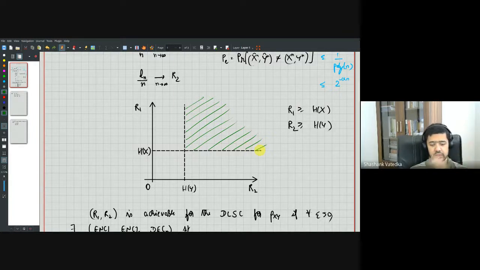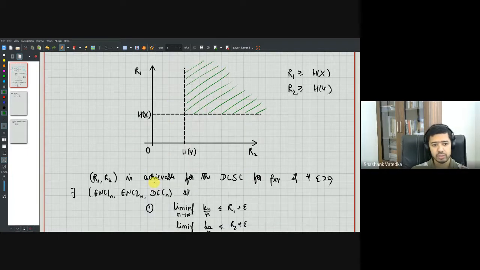That follows directly from the standard source coding problem by compressing xn and yn separately. So the question is, can we do any better than this? Is something in this region achievable?